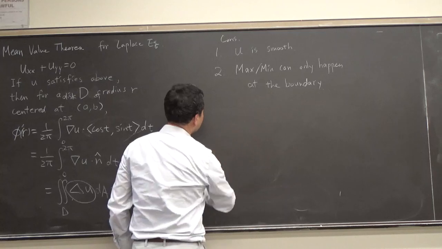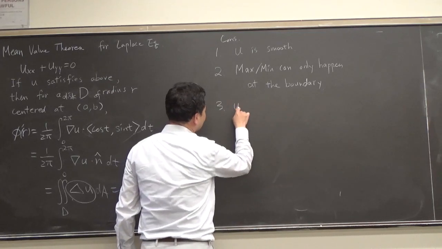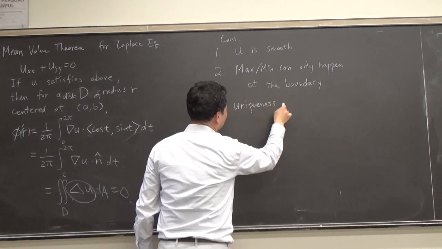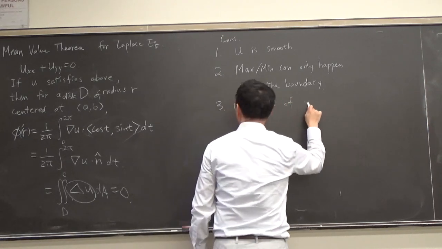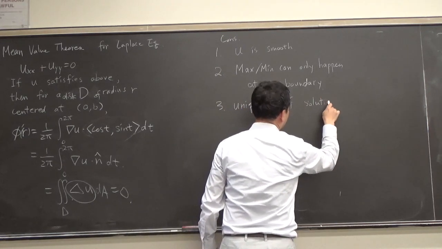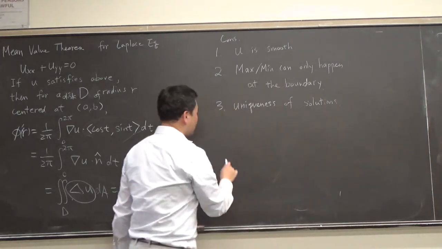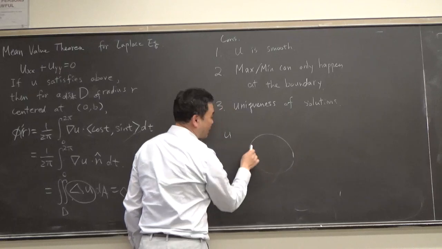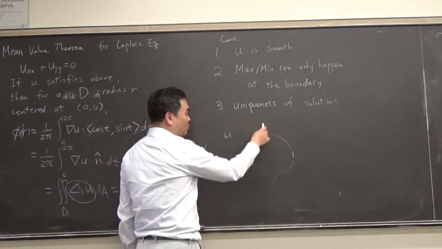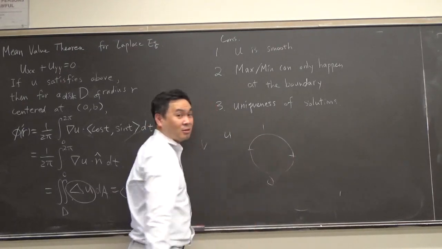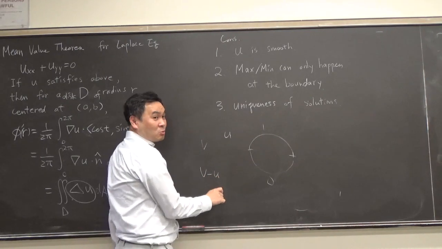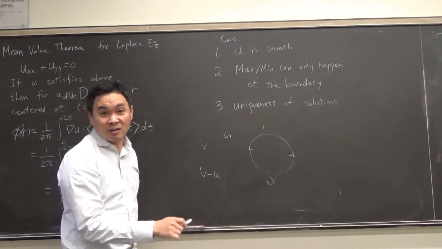And lastly, this will tell you the uniqueness of solutions. So if you have two, u and v, satisfying the same boundary condition, say 1 and 0 like here, then the difference between v minus u would have boundary condition what?